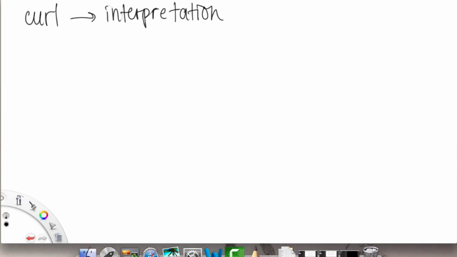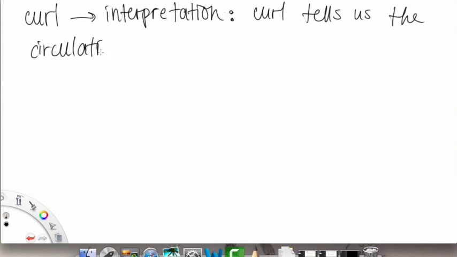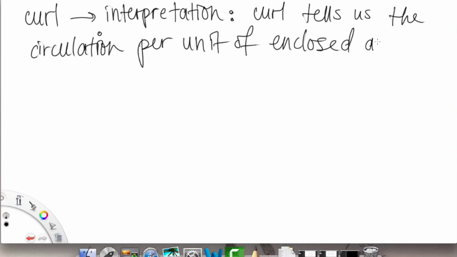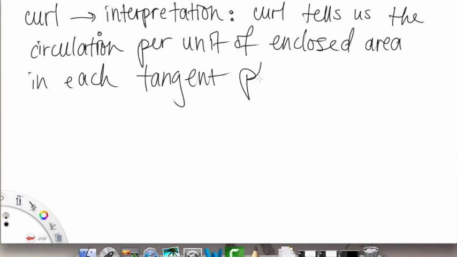So an interpretation of it is that the curl tells us, it's called the circulation, so how much something is going around, per unit of enclosed area, and I'll explain a little bit. I won't go too much in depth. This is just what it signifies in each tangent plane at point P.